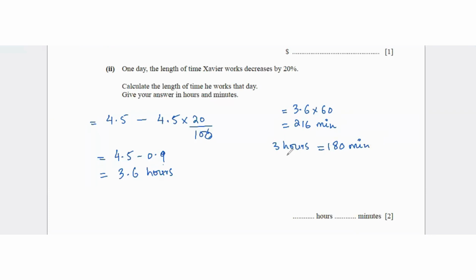So if we subtract 180 from 216, 216 minus 180, that is going to give us 36 minutes. Which means our time is 3 hours and 36 minutes. We convert the 3.6 hours into minutes.